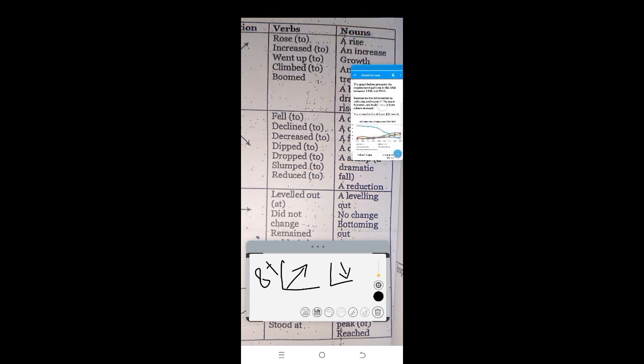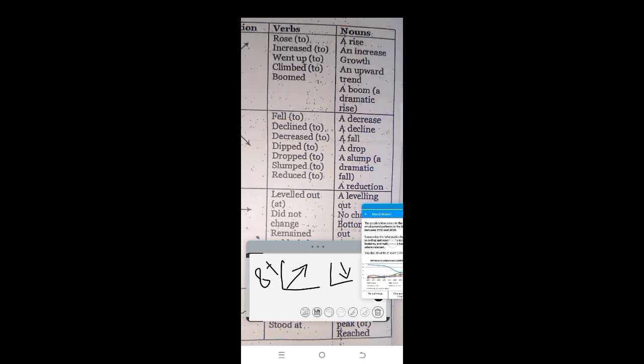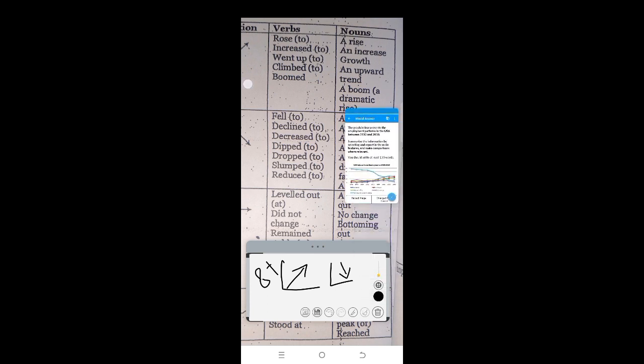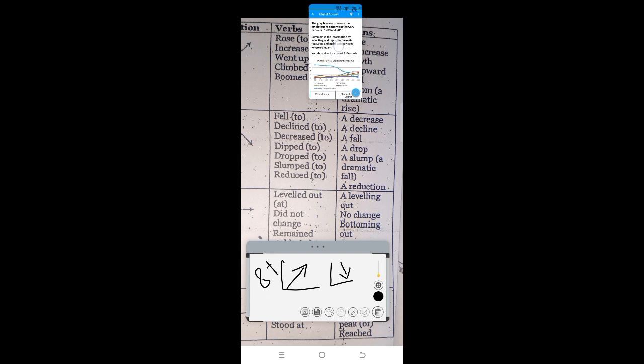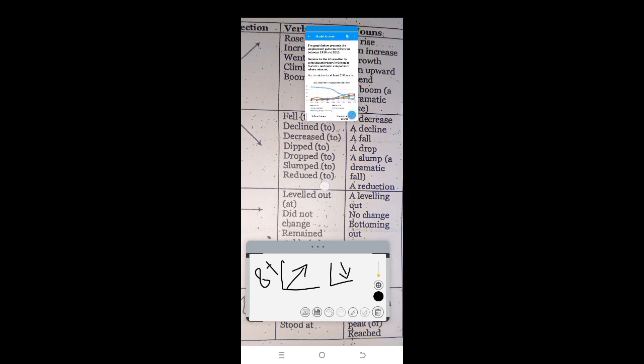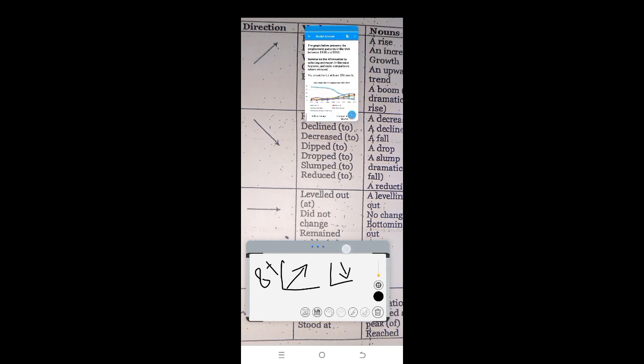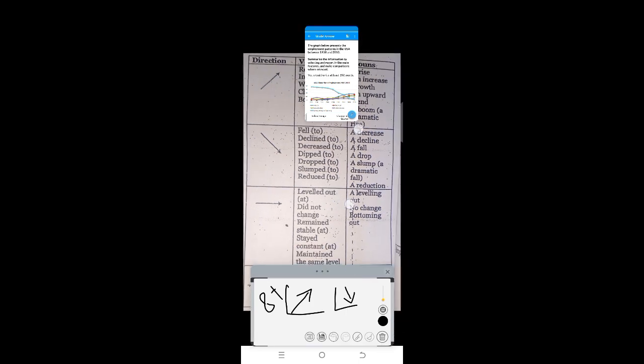You can take a screenshot again, or you can pause the video and write these words. If the value is going upward, these are the verbs and nouns, and if it is going downwards, these are the words. But what happens if the value stays stable?